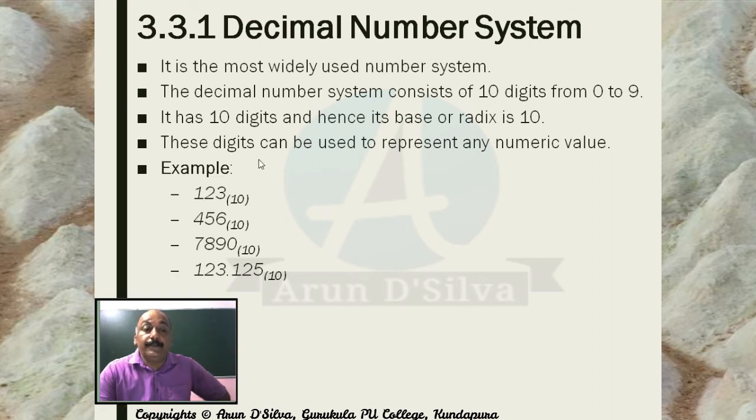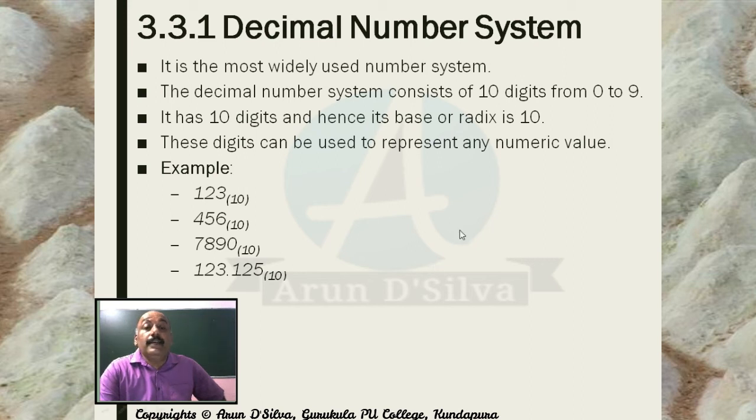Examples, you see: 123, I am showing here with its base, base in the sense of what type of number system this is. 456, 7890, 123.125. Got it? I think you have understood what I am trying to tell you.